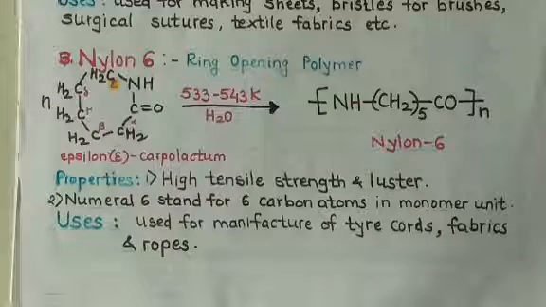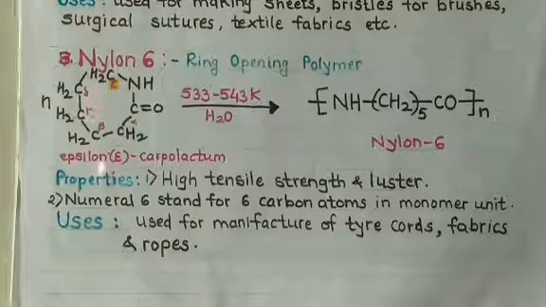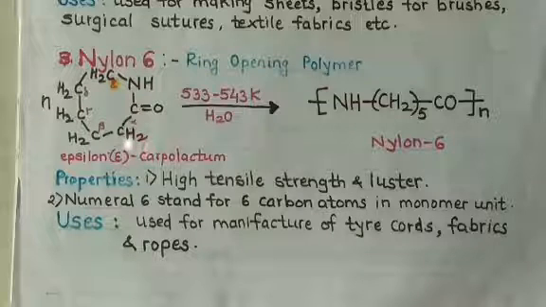Now next we'll see the second polyamide polymer, that is nylon 6. Nylon 6 is a ring opening polymer from epsilon caprolactam. So it is a ring structure, a 6 member ring. 6 carbon atoms are present in this ring: 5 CH2 groups, 1 C double bond O group, and a CONH linkage.